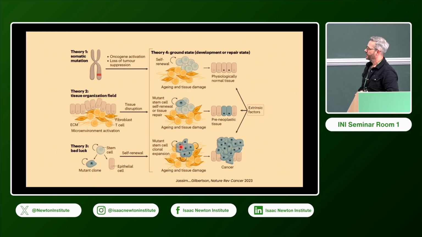The third one was the bad luck theory, which got so much bad press. You may remember that Bert Vogelstein and Christine Tomasetti proposed this in Science, and they made it worse by putting out a second Science paper, which was even worse. But basically, the concept here is that cancer is completely bad luck. Because it probably happens in stem cells, and because it requires mutations, and mutations are random, then it's just bad luck.